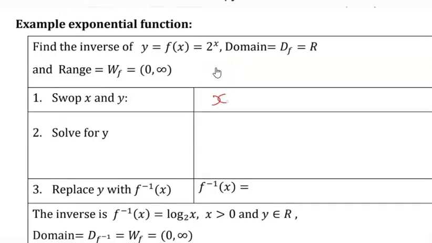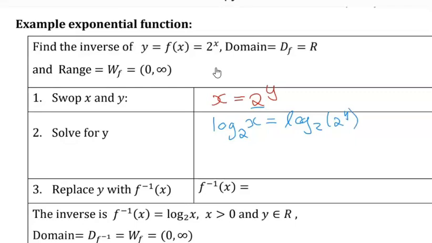So we get x is equal to 2 to the y. If I have to solve for y, then I must take log of both sides, and because I have a base of 2 there, I get log base 2 of x is equal to log base 2 of 2 to the y.